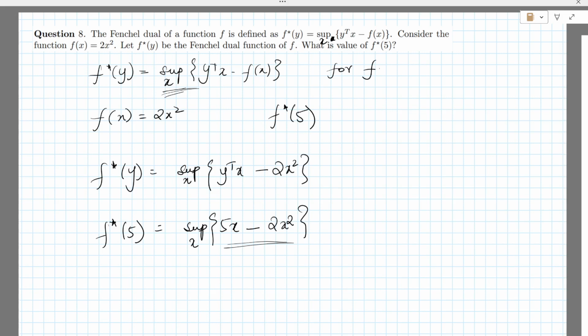Okay, so this will be some down facing quadratic. It maxes at somewhere here.